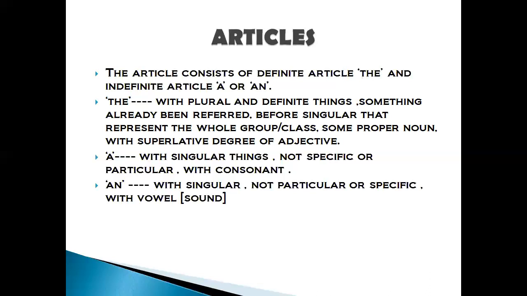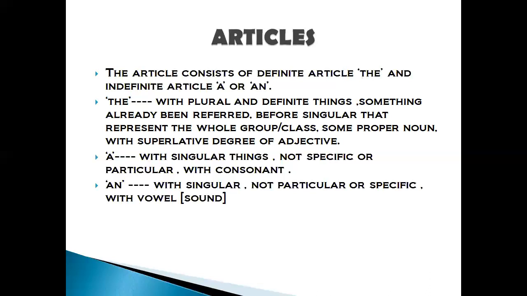Now, let us quickly summarize articles. The article consists of the definite article, the, and the indefinite article, a or an. The is used with plural and definite things, something already being referred to, and before a singular noun that represents the whole group or class. We use the with some proper nouns also, like the Nile is the longest river in the world.